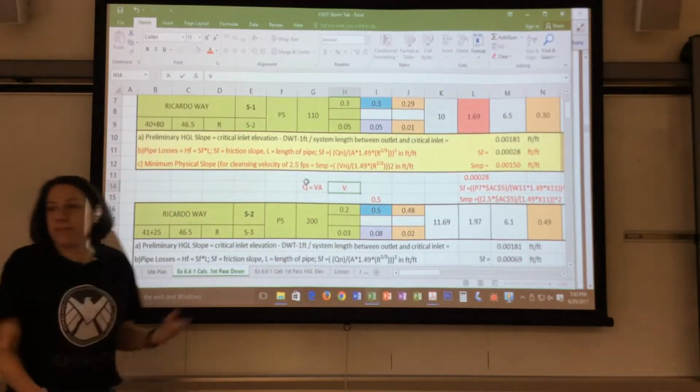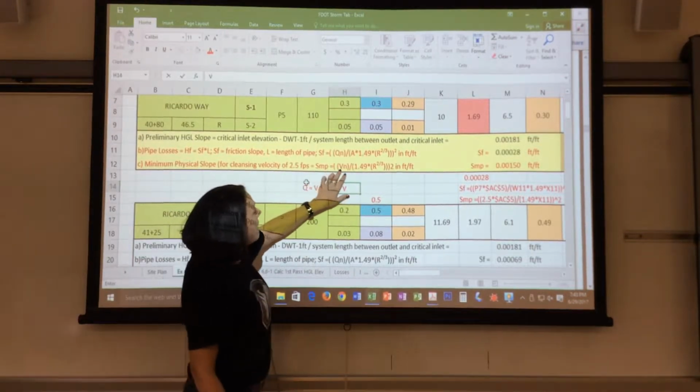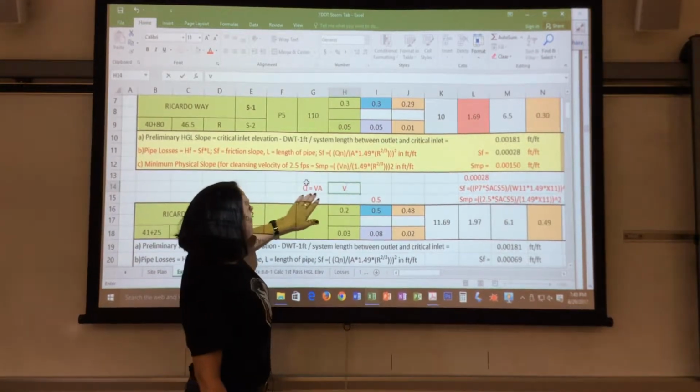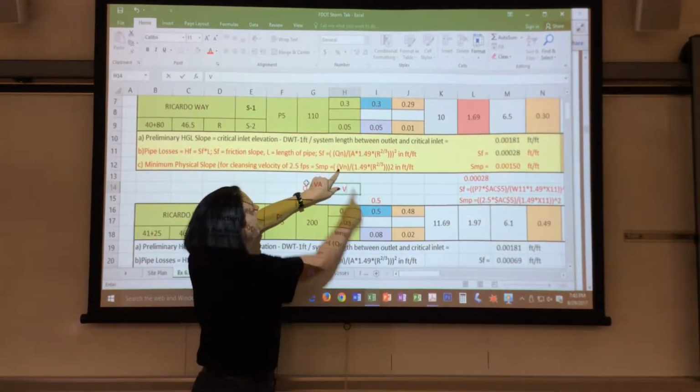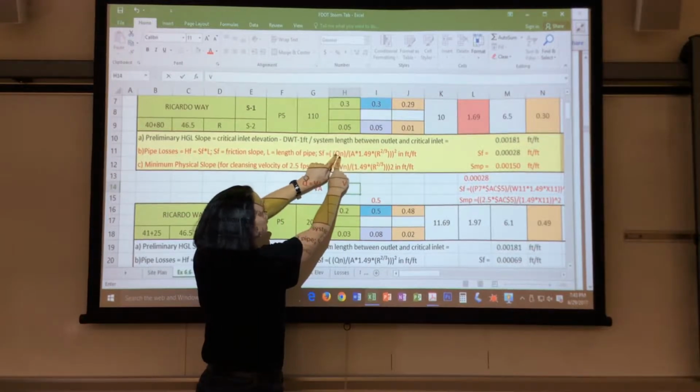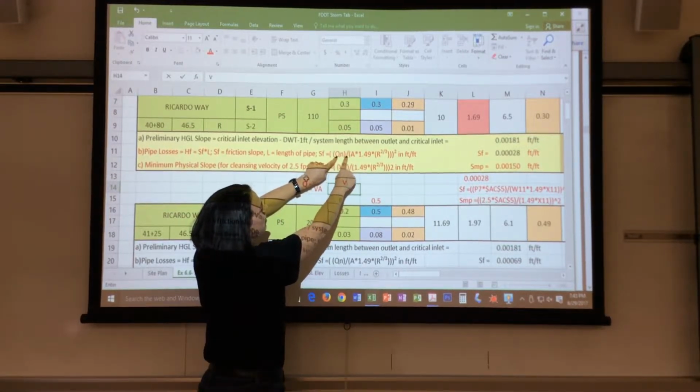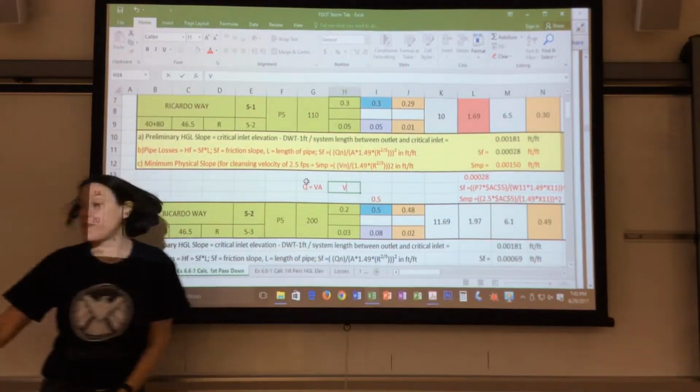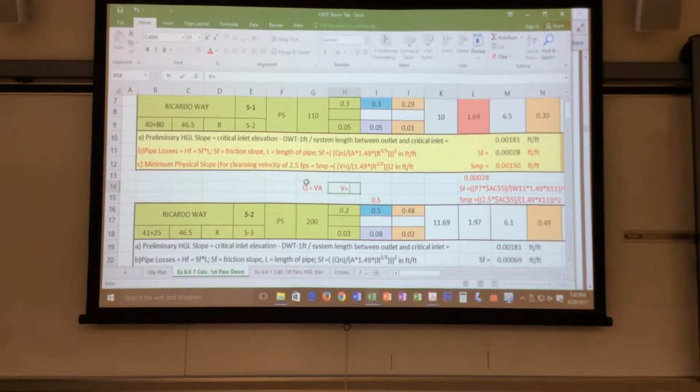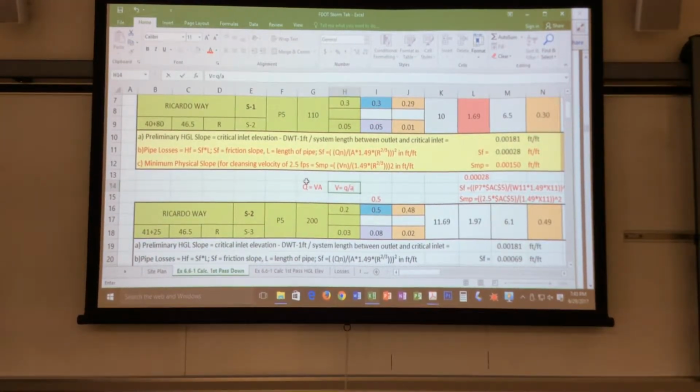Well, we have it here. Velocity times n, but instead of using Q, notice that it has a V, whereas up here it has a Q and an A. Well, Q is divided by A. So velocity equals Q divided by A.